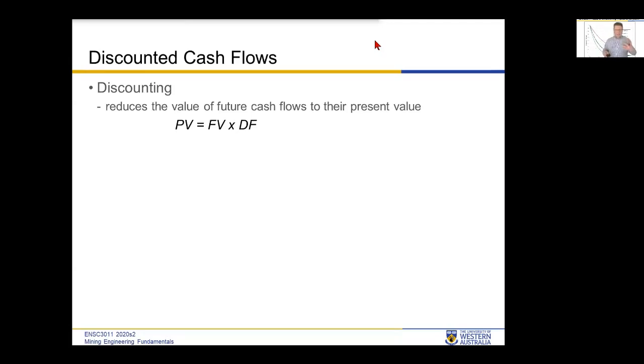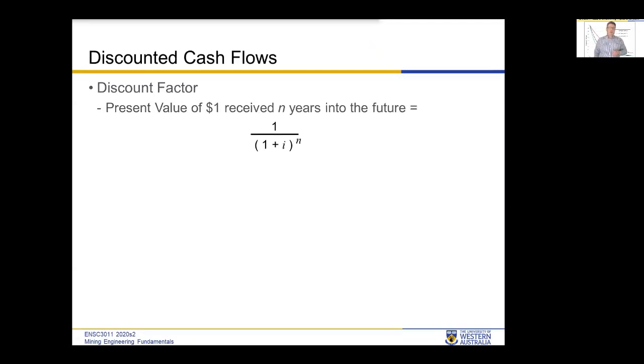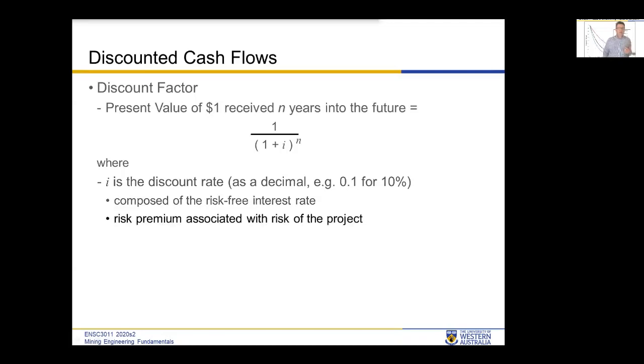And very simplistically, the present value of something is the future value times the discount factor. And the discount factor is this equation here, which has in it just the discount rate, which we'll come back to, and the number of periods, so the number of years.